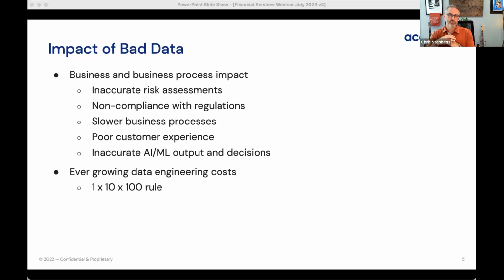Whether it's poor customer experience, slower business processes, and whatnot, because there's a lot of talk in the ethosphere about chief data officers, and it's an 18 to 24 month role, and it's such a hard job, and why is it a hard job, and why is the tenure not as long as it should be, and so on and so forth. And I happen to think a lot of it comes down to trust.